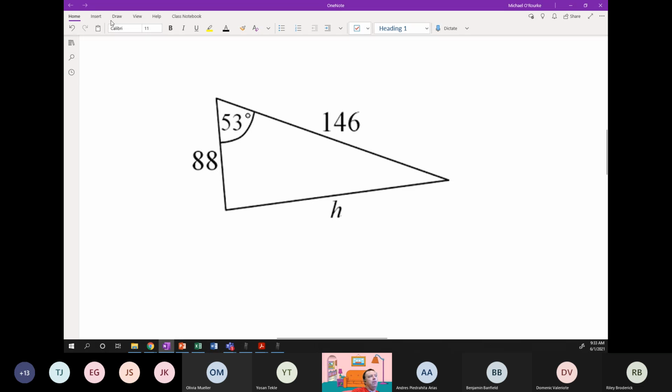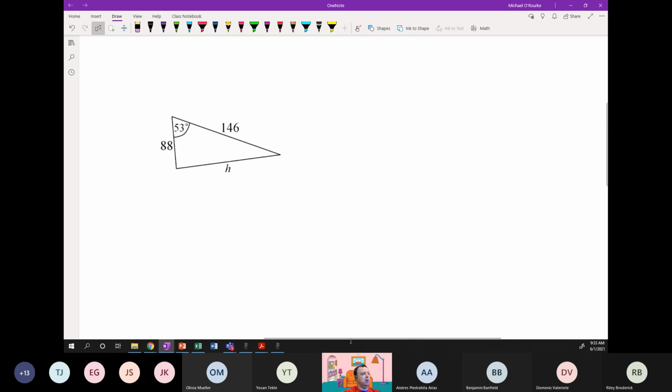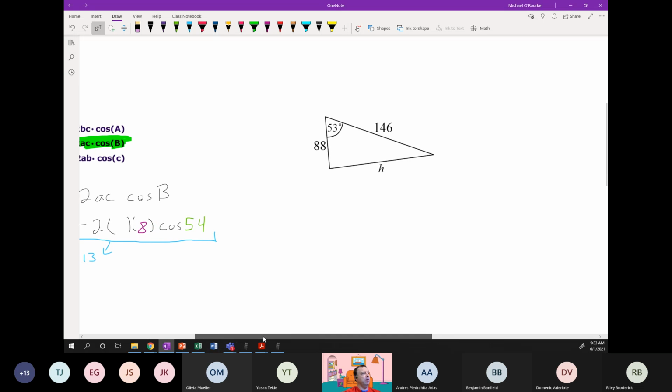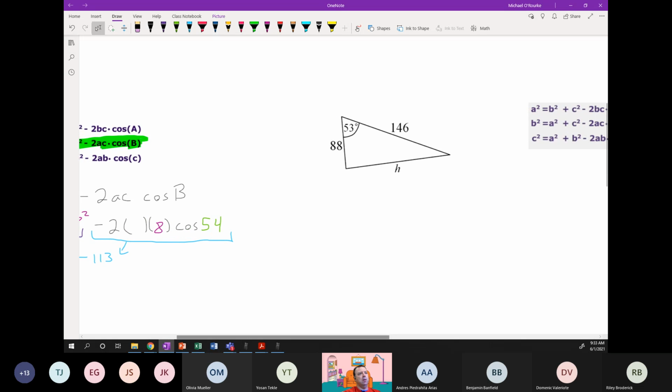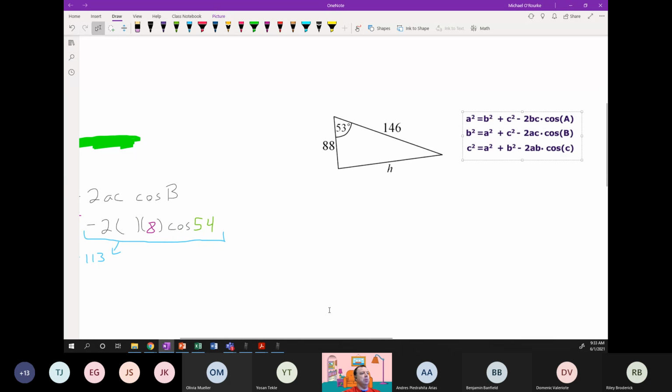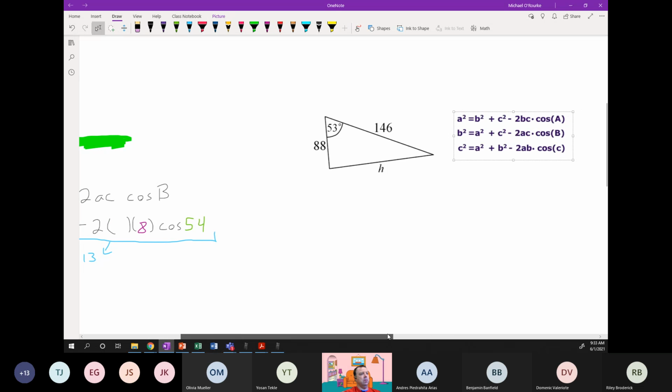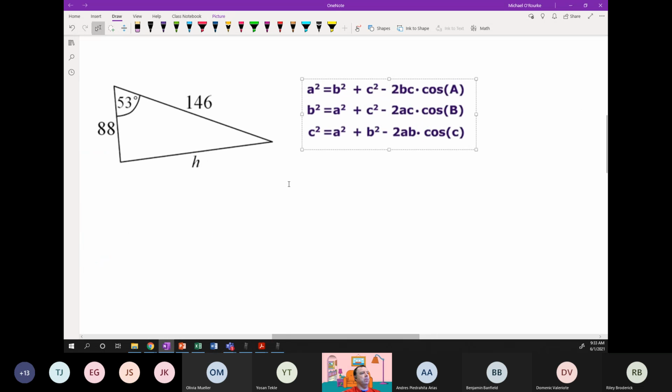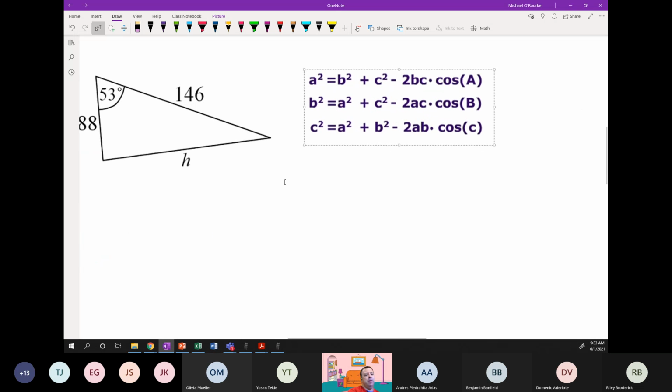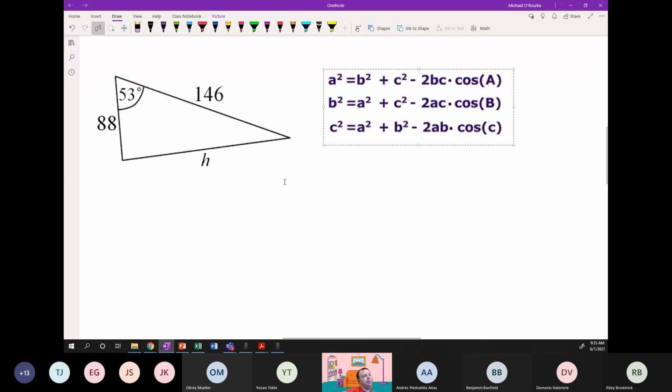So the first thing I would do, besides zoom out and make it really awkward, I'll pull this over. Now, the very first thing I would do here is relabel this triangle. Who cares about H?